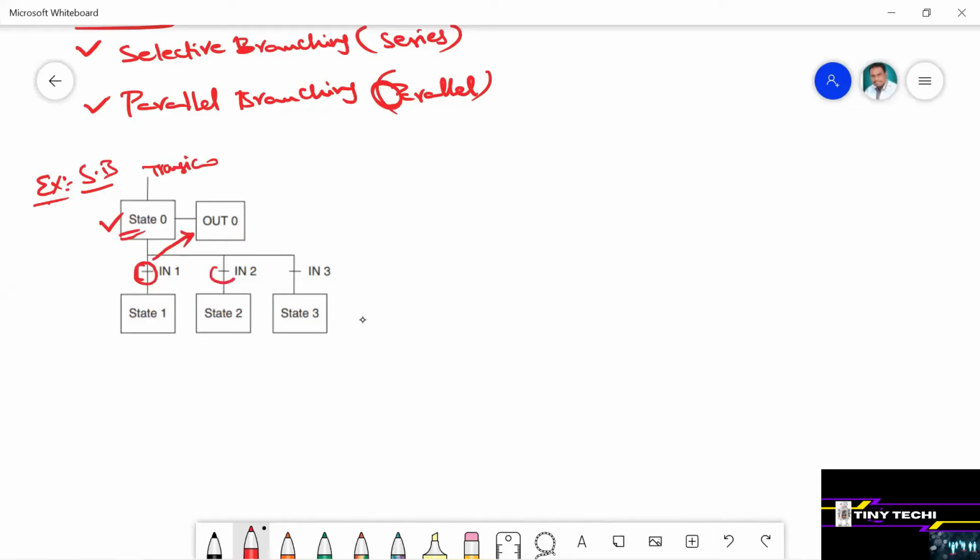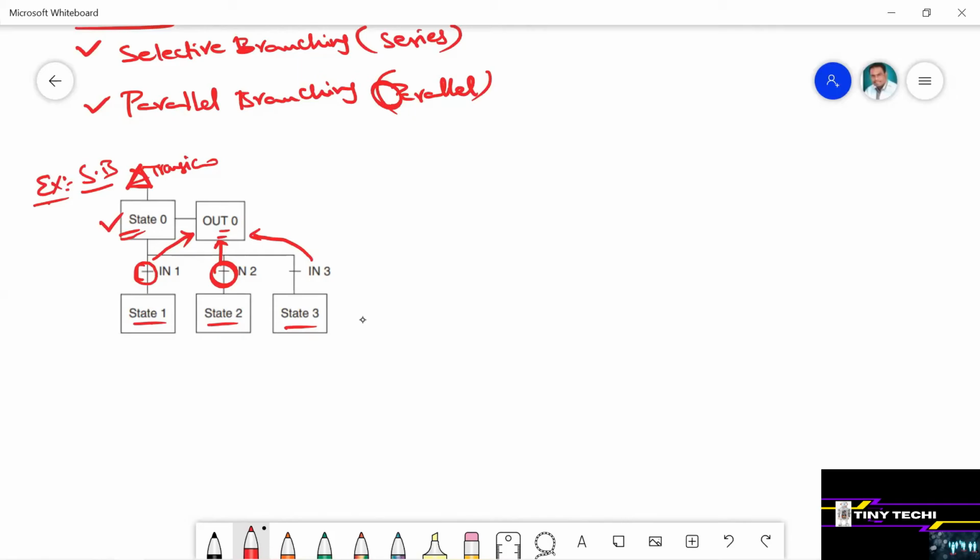This transition condition also occurs based on output 0, and this one as well. We have three states here: state 1, state 2 and state 3. We are not bothering about whether state 0 occurred or not. But the output is connected, meaning that when state 0 is realized, output 0 is on.